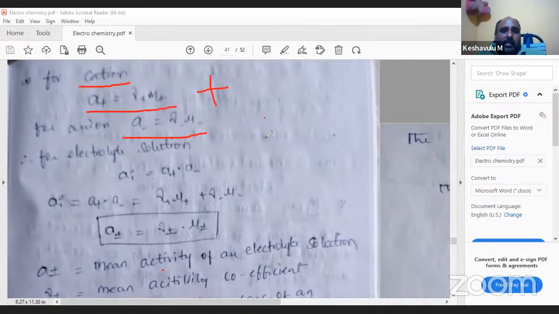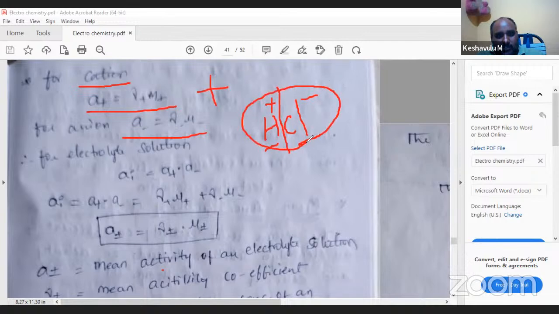Therefore, whatever electrolyte solution you consider, for example, HCl is an electrolyte solution which contains H plus and Cl minus, right? H plus means positive ion, that is cation, and both ions are present in the electrolyte solution.